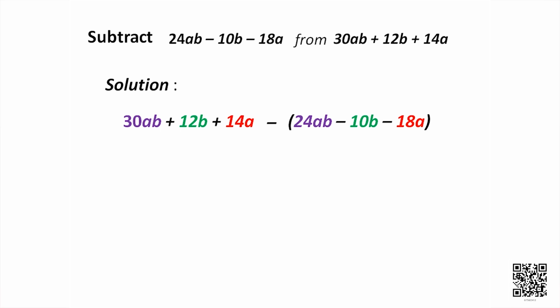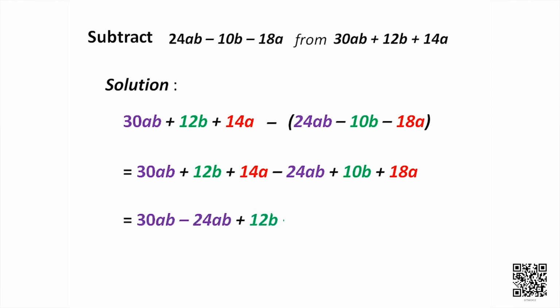So what we are going to do, we are going to put like terms together, and you can see the like terms we have written in same color because they are like terms. So now we have put it together, 30ab minus 24ab, these are like terms, plus 12b plus 10b, these are also like terms.